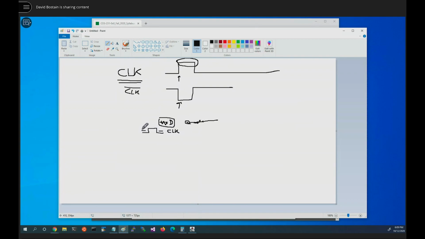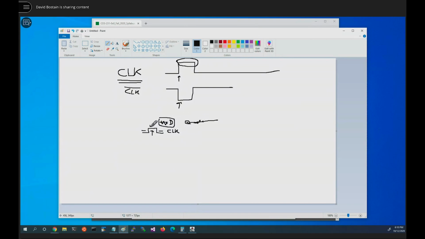So we would want D to change in most applications when it's not going to be directly visible by Q. We would then want to hold it stable during the entire time that the clock is asserted so that it didn't change, and we're assured of that when it falls to become low again. When it's low, of course, we could start changing D again. Unless we were to see one of these level clock periods, D would never make it through to Q.